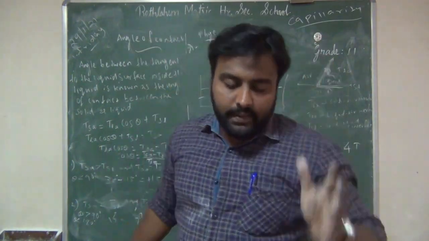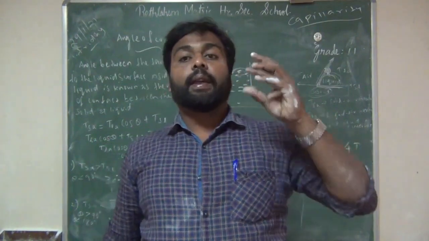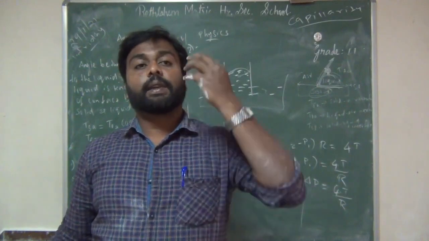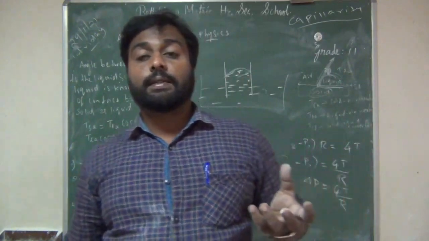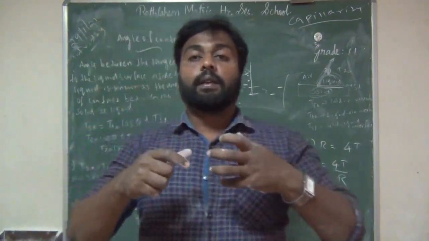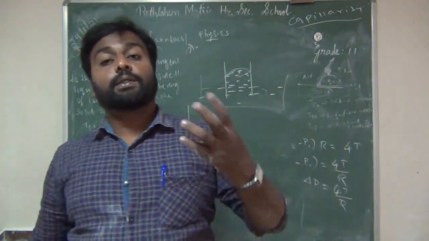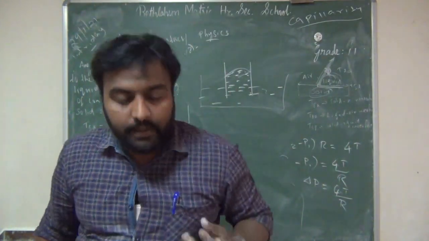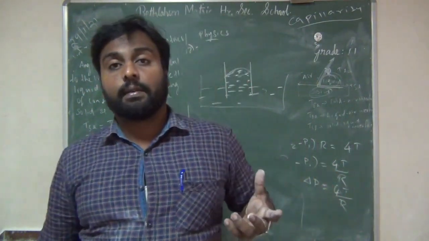And the next application: in our eye there is always some fluid. Sometimes we can see our eye is filled with fluid, and after some time it is drained. Why does this happen? How does it drain? It is one of the applications of capillarity. And the last application is that we prefer cotton dresses during the summer season.